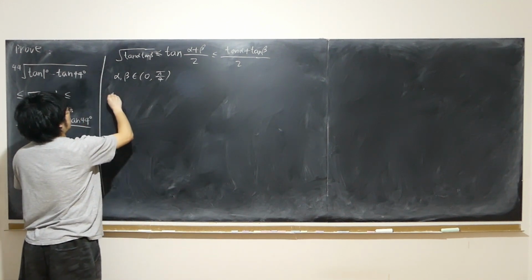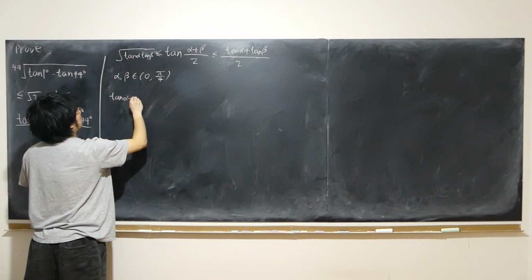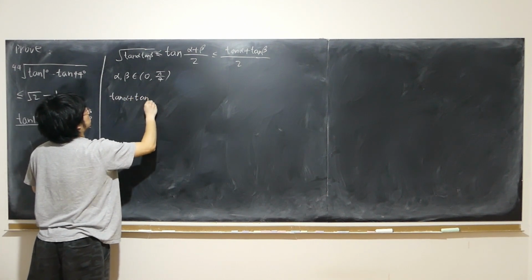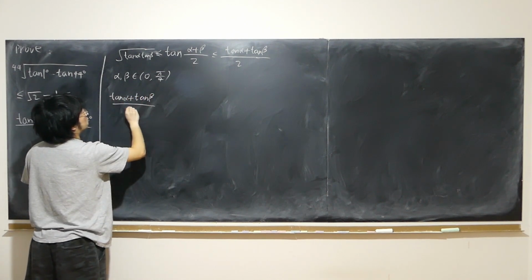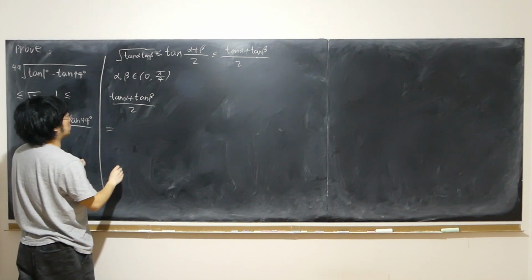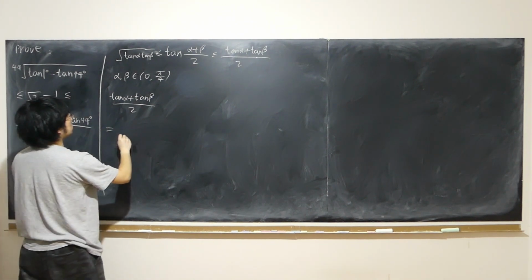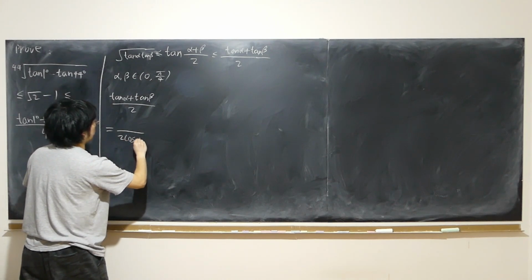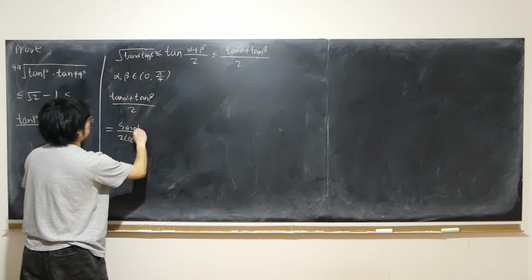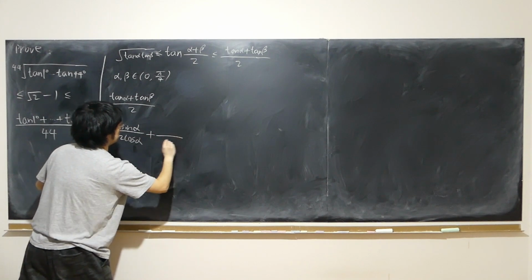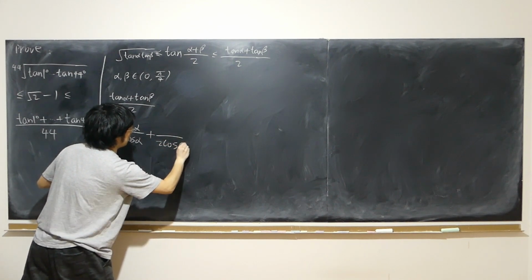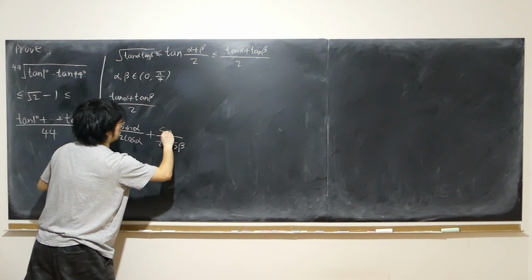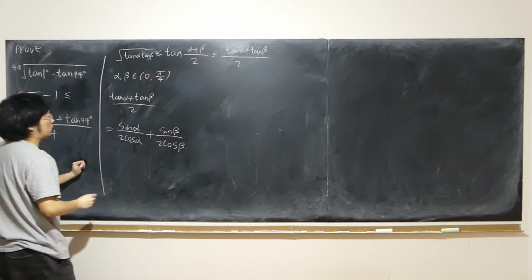So tangent alpha plus tangent beta over 2 is of course equal to 2 times cosine alpha sine alpha plus 2 times cosine beta sine beta on the top.